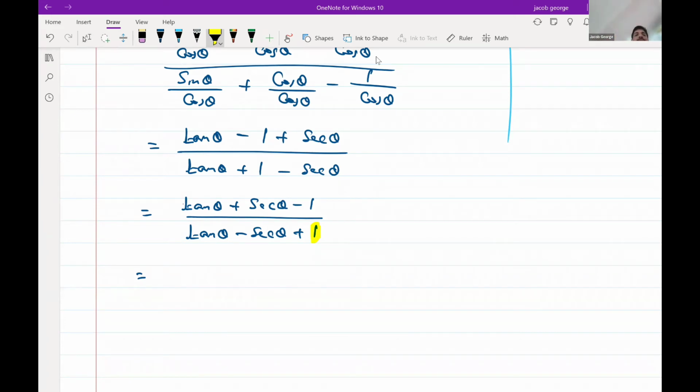So please write the reason in the reference space. Here the expression given in RHS is in the denominator.